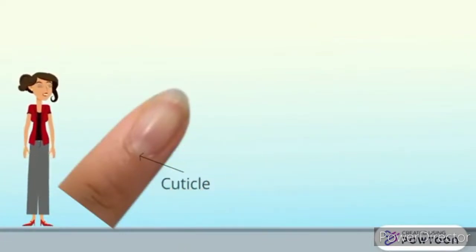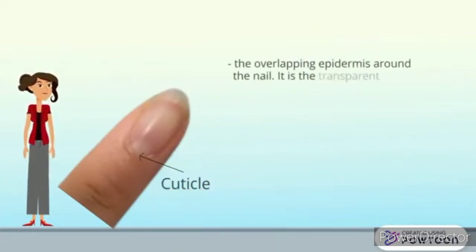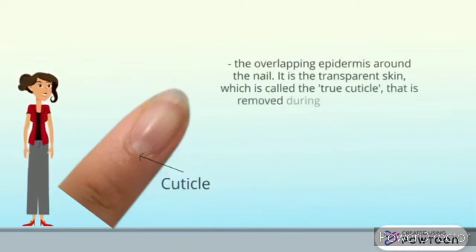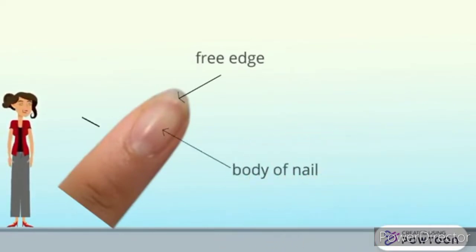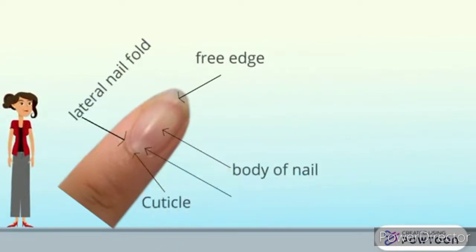It is the transparent skin which is called the true cuticle that is removed during the manicuring process. Again, the first part under structure of nails are free edge, body of nail, lateral nail fold, cuticle, and lunula.